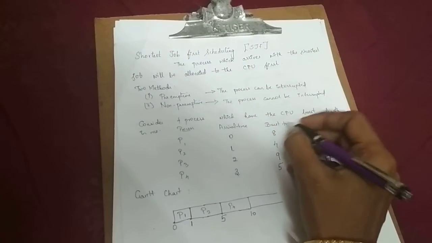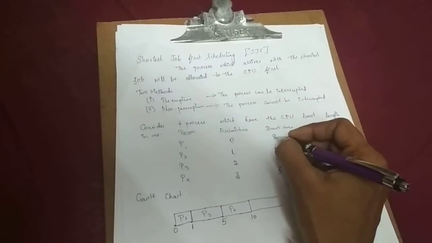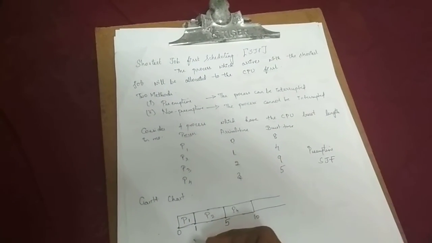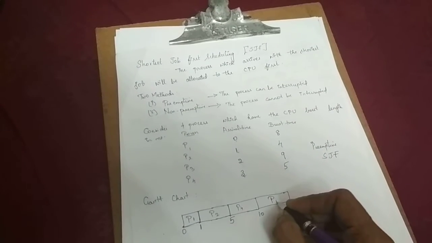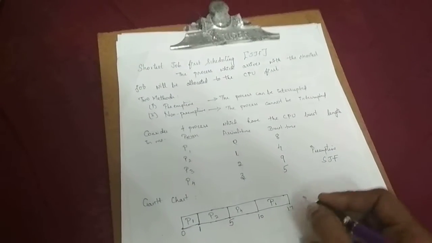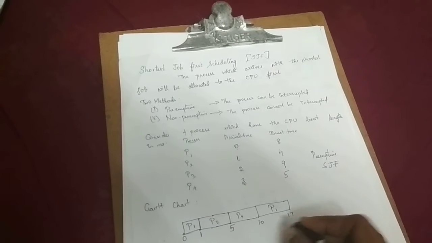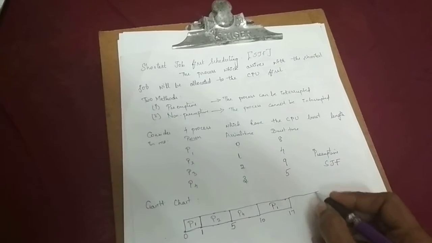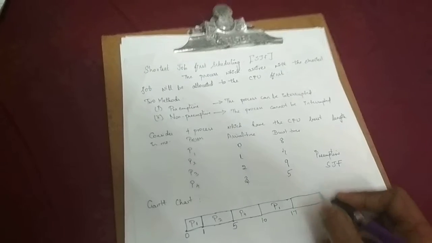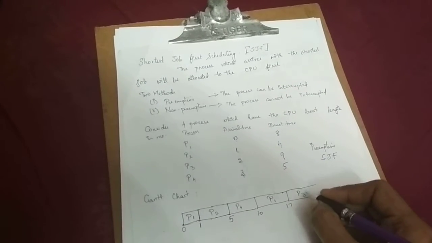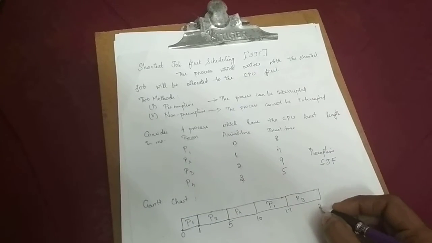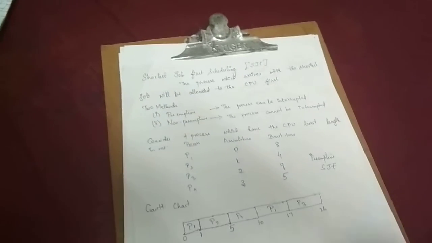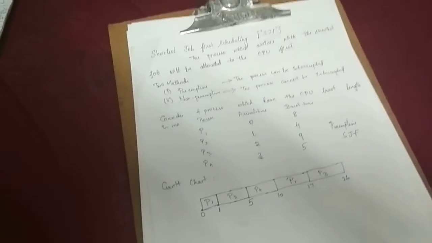It is going to execute for only 7 milliseconds, so we reach 17, because 10 plus 7. The final one is P3, which is going to execute for the next 9 seconds, that is 26. Now all the processes have completed their execution.